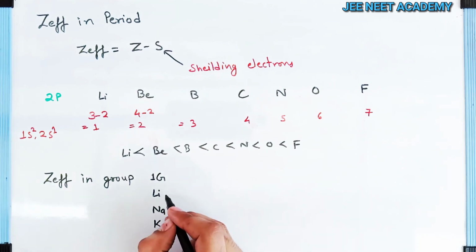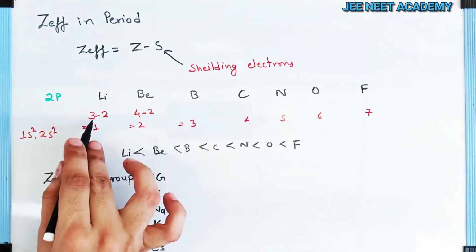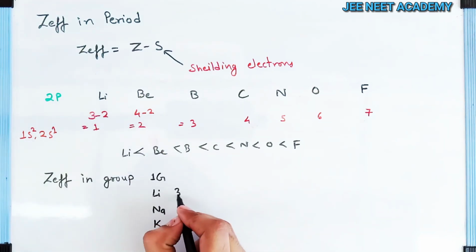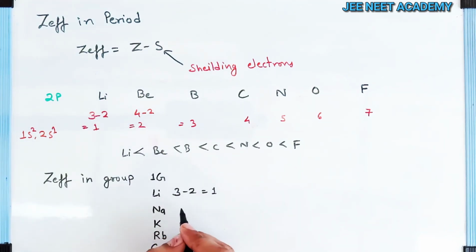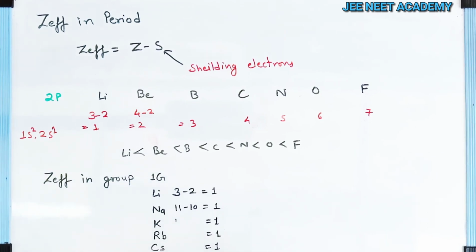For lithium, it will come same as here, 3 minus 2 is equal to 1. For sodium, 11 total electrons are there, and 10 electrons are inside, before the outermost orbit. Then this is 1, and here it will also come 1, here also 1, and 1.